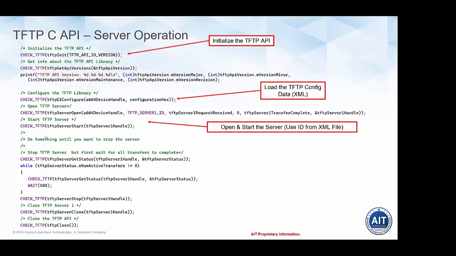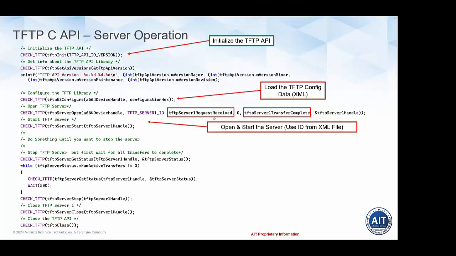Then you would basically sit in a loop or wait, and the server is now sitting there waiting to receive incoming connections and file transfer requests from a client. When you open the server, you're also able to provide pointers or references to two callback functions. So these are entry points in your application that the TFTP library will invoke when a request is received.